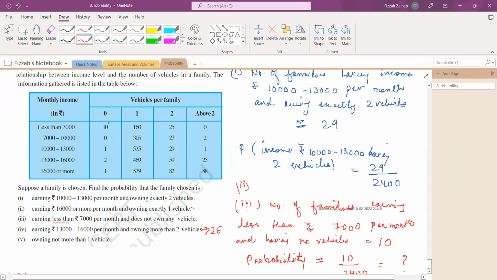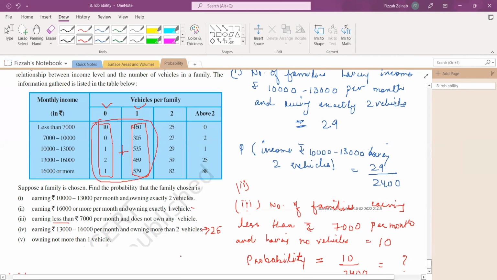So you have to see 0 also and 1 also, not more than 1. Is this point clear? Yes, ma'am. Okay, so basically you are going to add all these numbers. You will add these all and you will add these all and then add them. So all these families you have to include in this group, right?